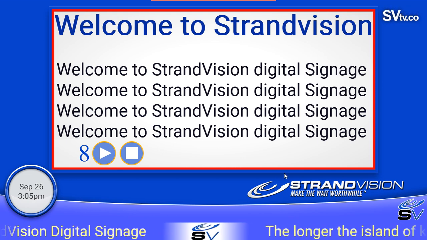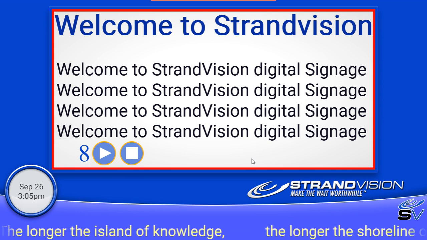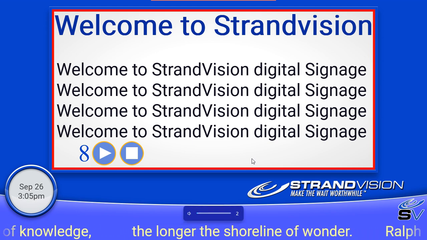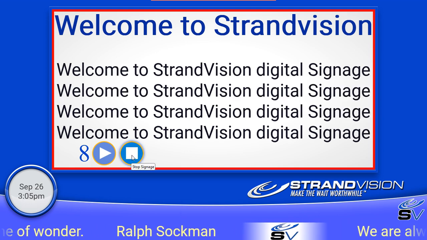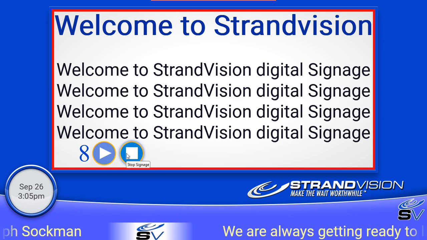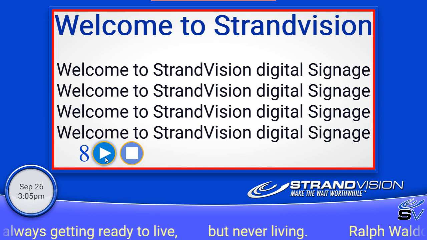My system actually has background music on there too, so you can hear that, which I may try and quiet down a little here. And when you're done previewing the page, you can click the little square block close button, and if you want to advance to the next page, you can just click the forward.